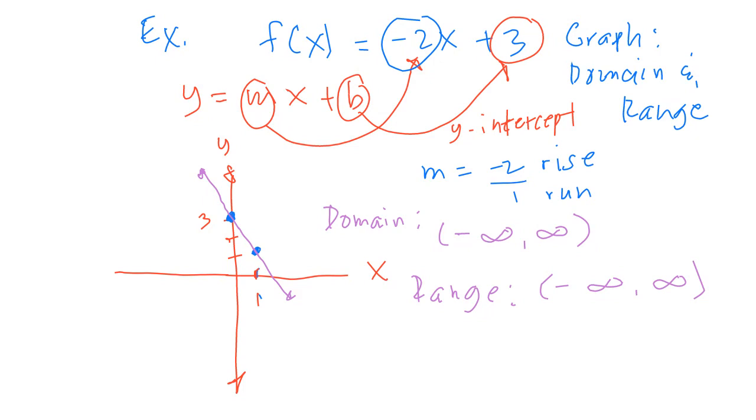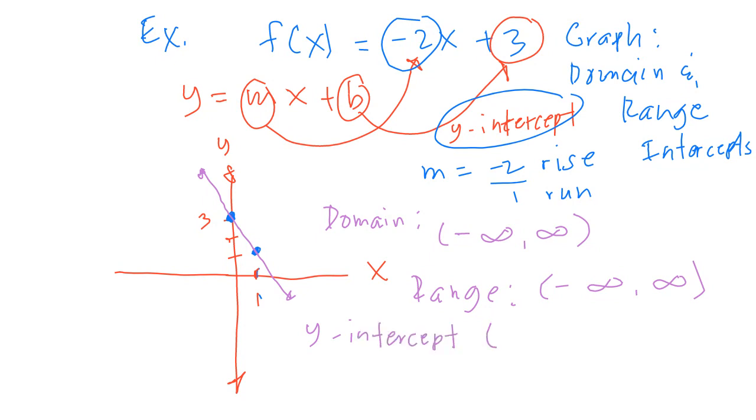Now, what if you're asked to find all the intercepts? So the first one, we have already the y-intercept. We can write that out as the y-intercept in ordered pair form.